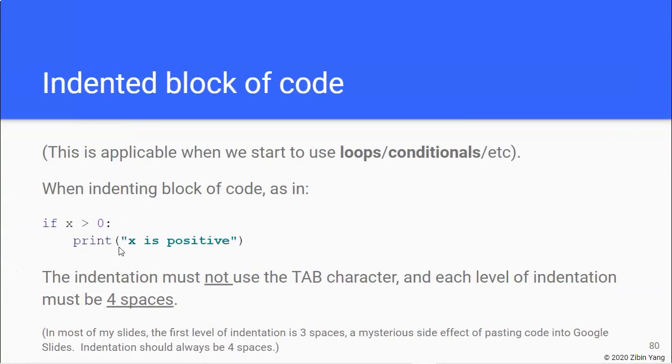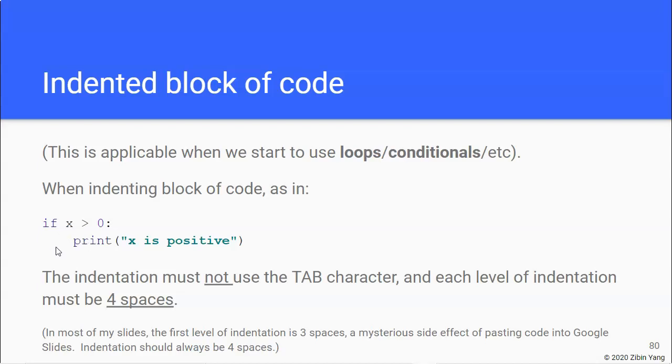Another thing I want to point out is if you look at many of my slides, the first indentation is actually 3 spaces. Now that's really a kind of side effect that happens when I copy and paste code into Google Slides. I don't know why it happens, and most of the time I don't have the time to fix it, and that's why there are 3 spaces.